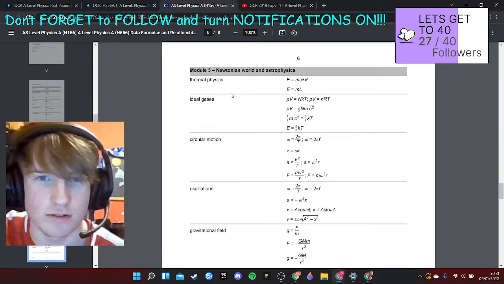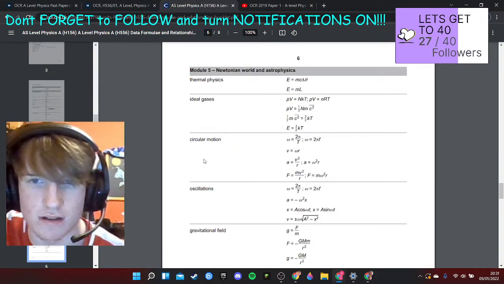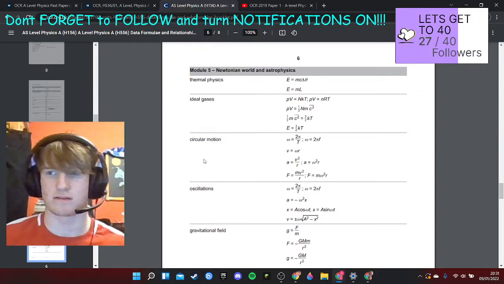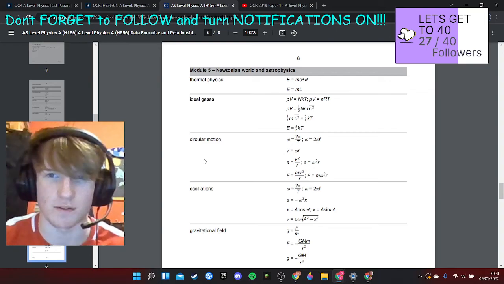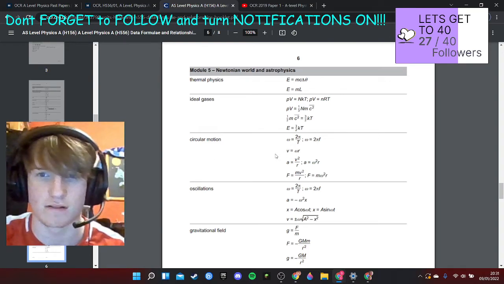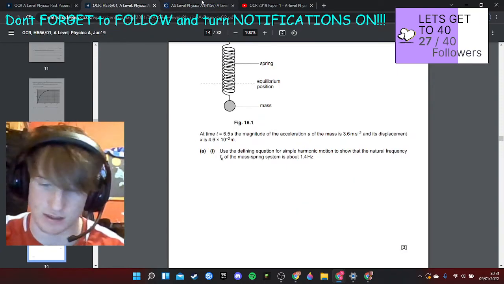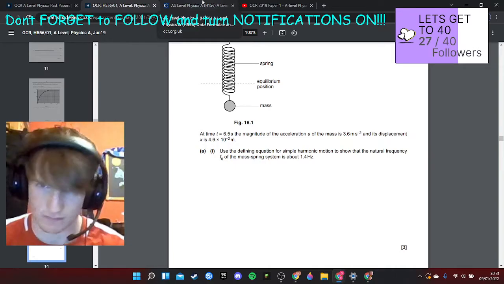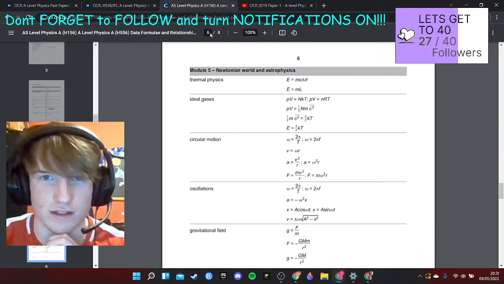Simple harmonic motion. I don't get where this comes from. This will be one equation, surely, or I'm just being an idiot, which is equally as likely. Alright, let's just keep doing this. Hopefully I get it right.